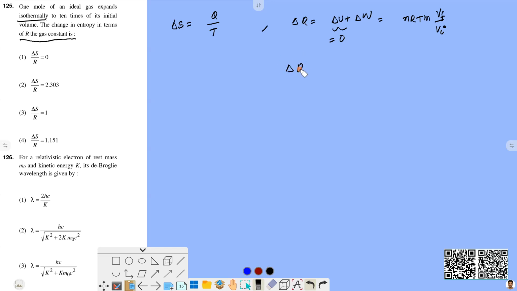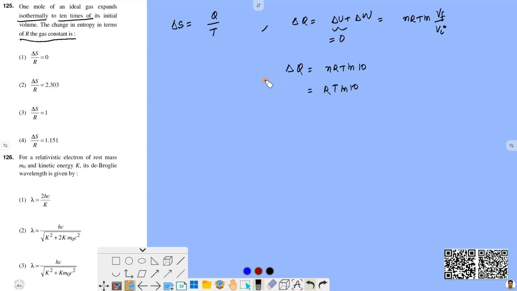So from this, delta Q comes out to be nRT ln of, as volume is changed or expands 10 times, so this will be nRT ln 10. Now n is 1, R is as it is, let's say temperature is also as it is, and we have ln 10.